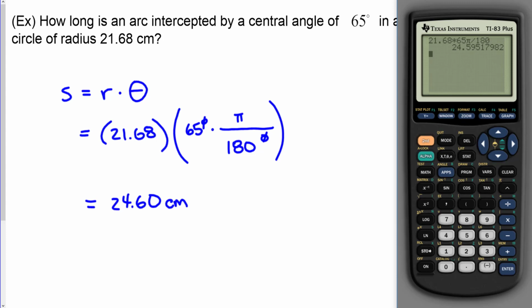So if you'll notice, the arc length is fairly close to the radius, and that's because 65 degrees is actually pretty close to 1 radian. 1 radian is going to be, if we calculate it, I can show you what that is.